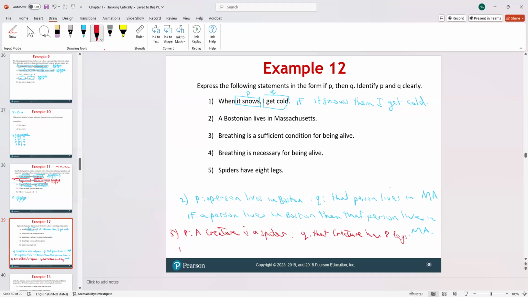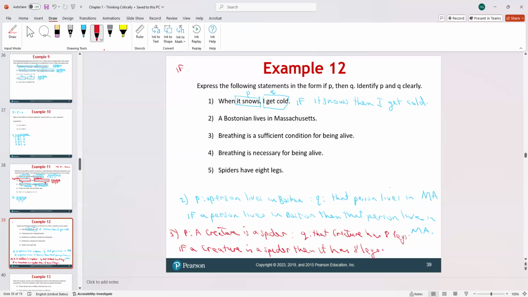Now, if you want to put it together, or we can change it in different ways: if a creature is a spider, then it has 8 legs. See? If-then is conditional.